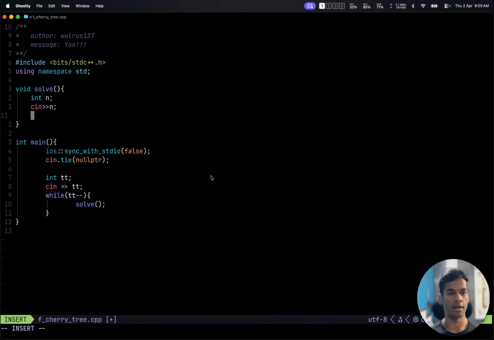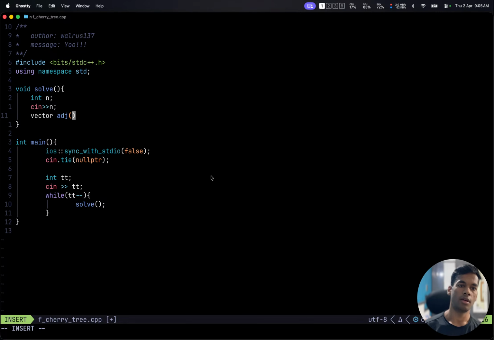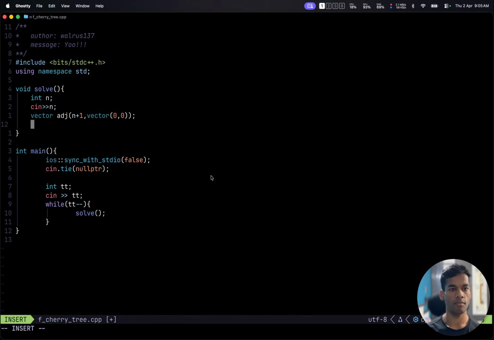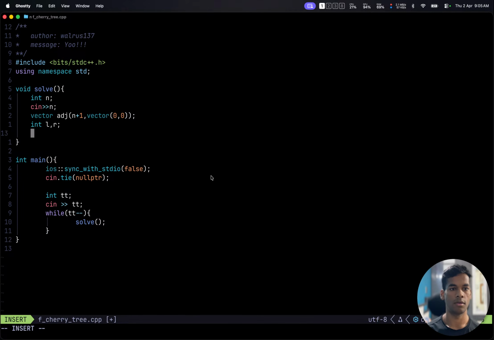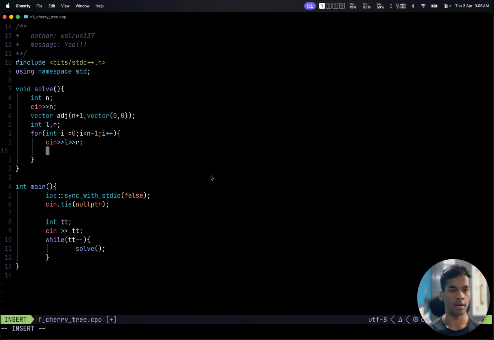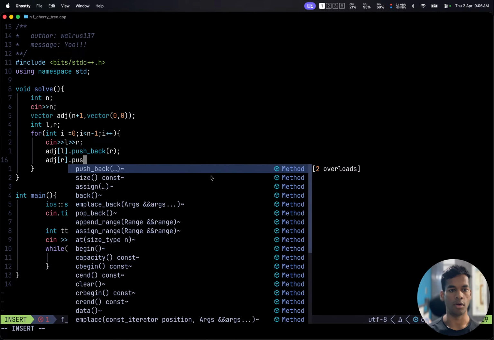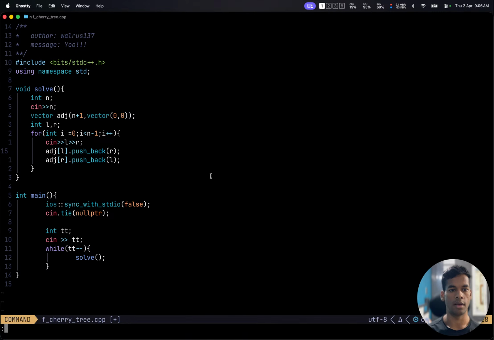Int n, take int n, create a vector adjacency matrix which will have n plus 1 things, and those things would be vector of size 0 with integer 0, and then int L and R, for int i equals 0, i smaller than n minus 1, i plus plus, cin L and R, and adj L dot push back R and adj R dot push back L.